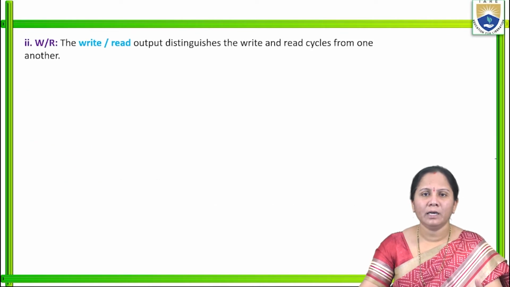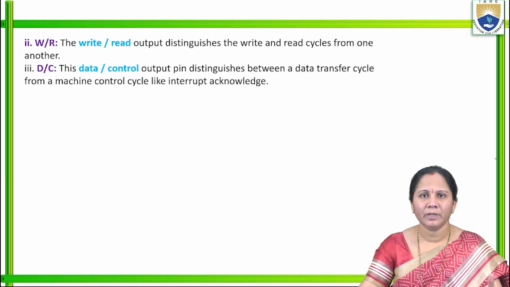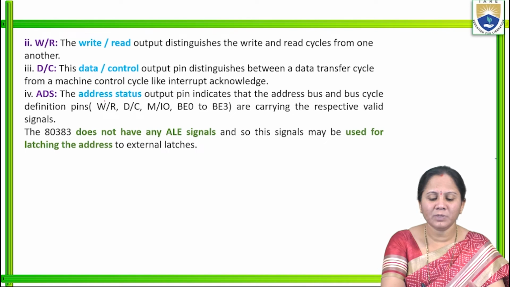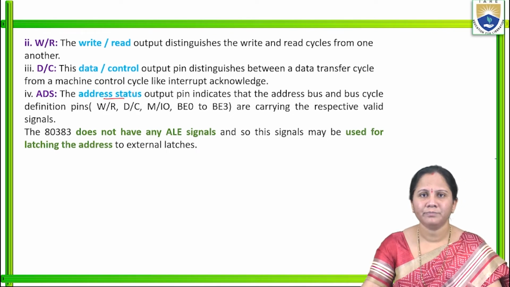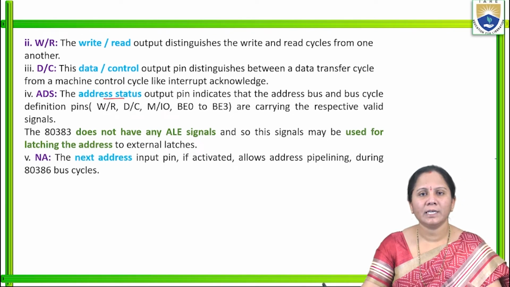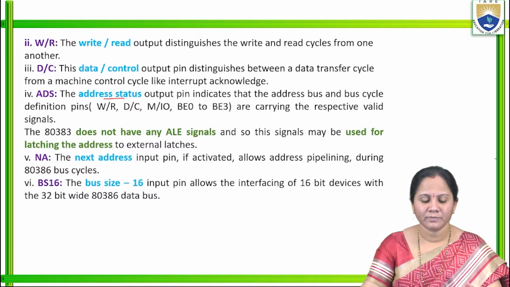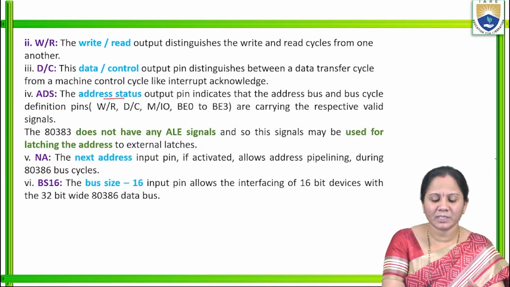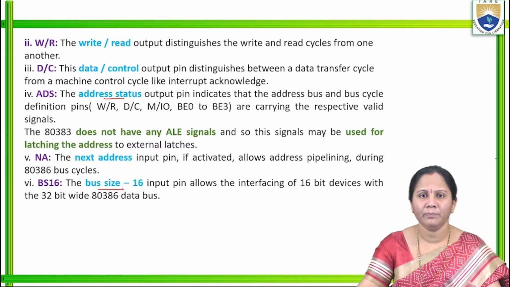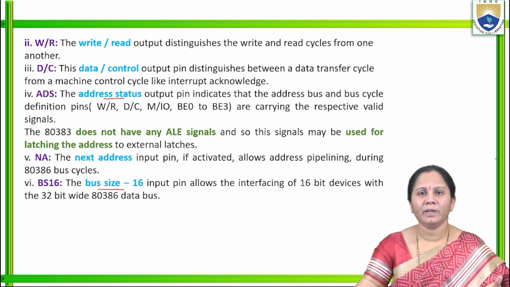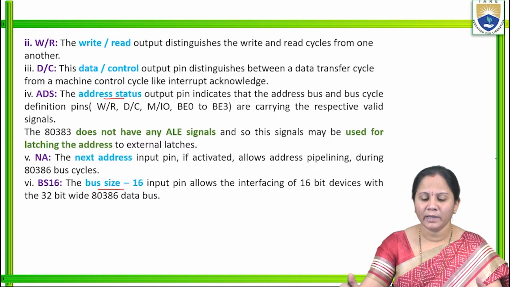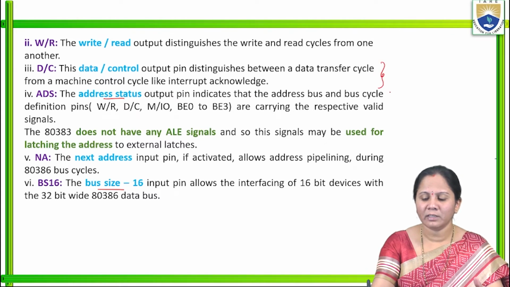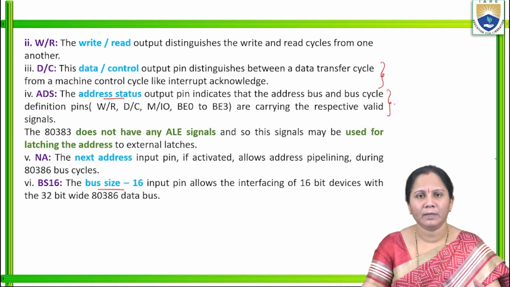And W/R, which represents read and write. D/C stands for data and control. And ADS means address status. And NA stands for next address. And BS16 represents bus size 16. Okay. So all these are different pins that are available in 80386. And we have to clearly write here the function of each pin.